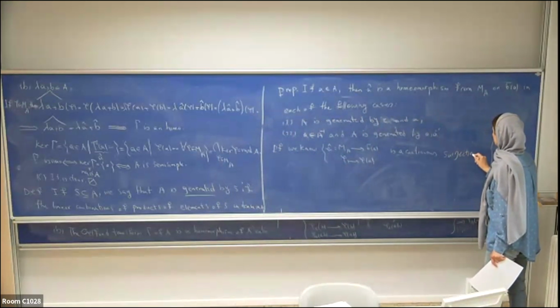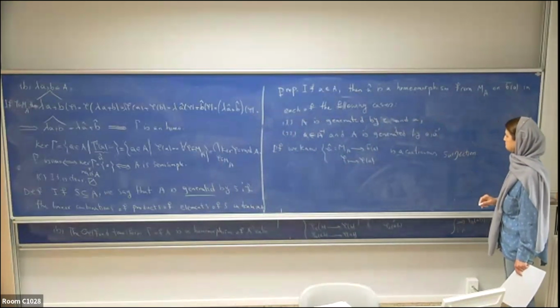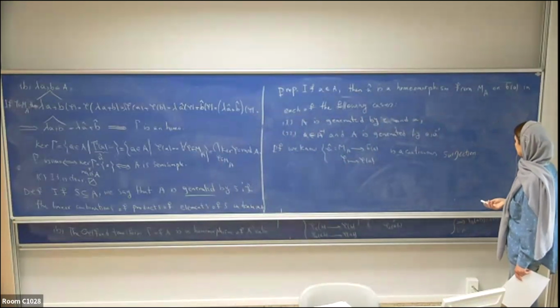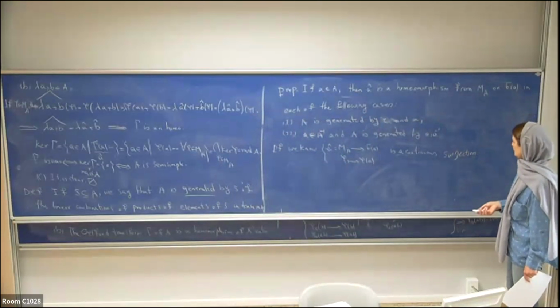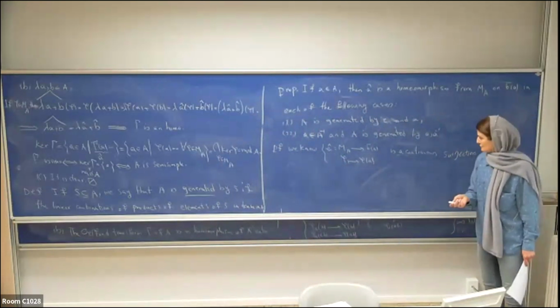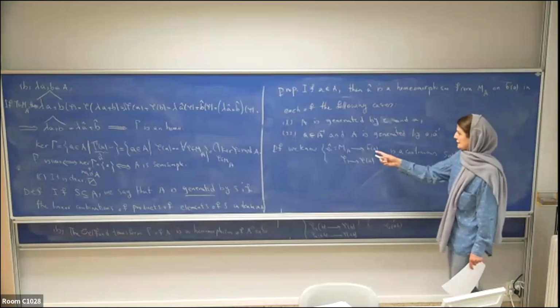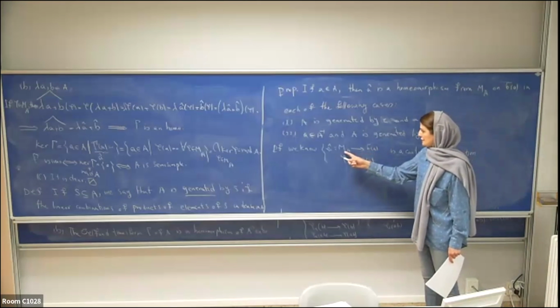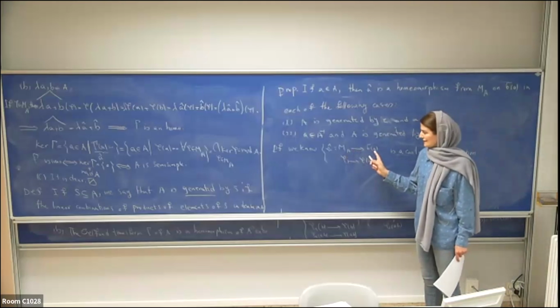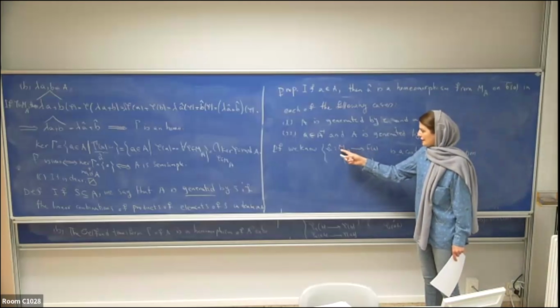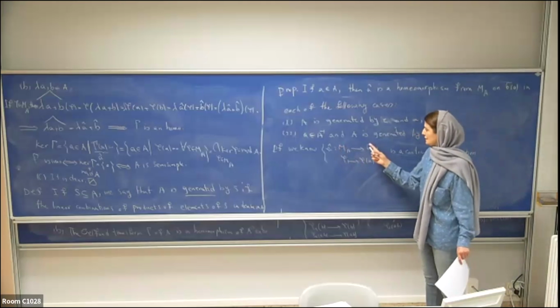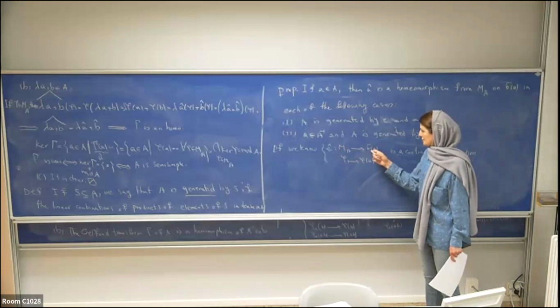It's enough to show that it's injective. And of course, when we show that it's injective, it will be a bijection between these two spaces. This is of course compact, but Hausdorff, because we need Hausdorff here.